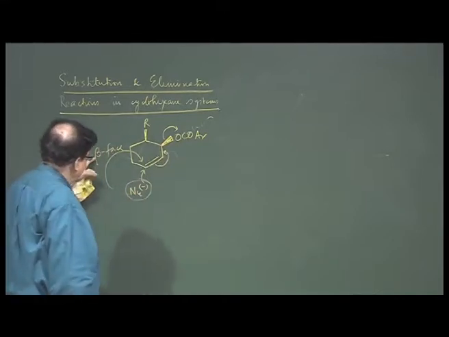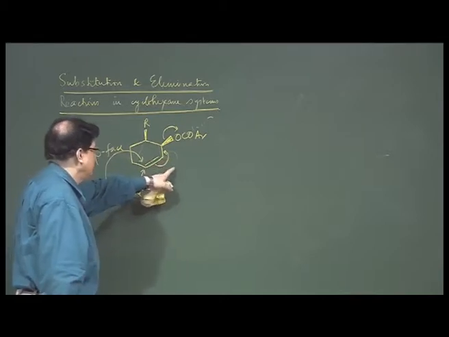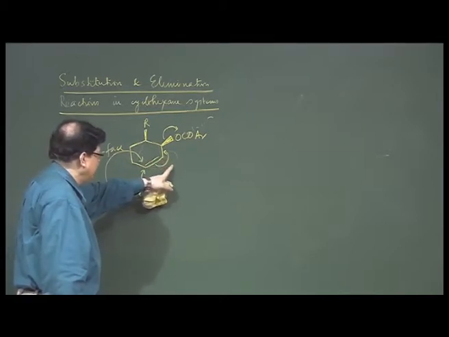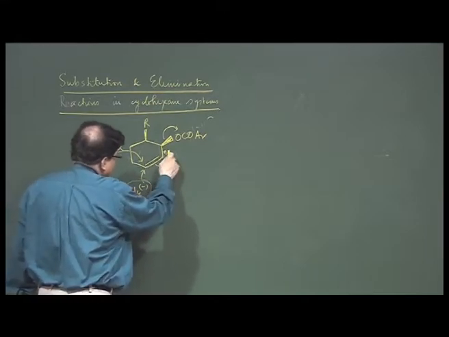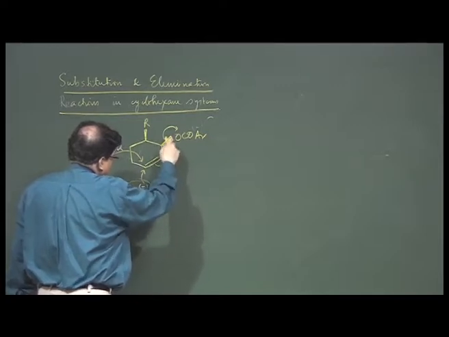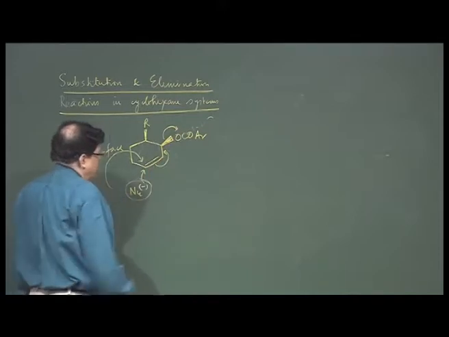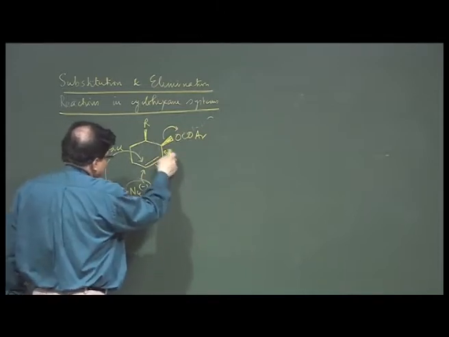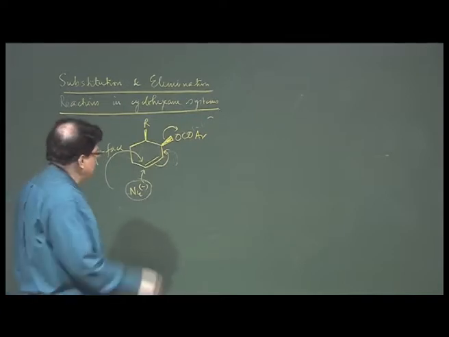Again I repeat, the nucleophile approaches from the beta face because the negative charge generated here will be on the alpha face, and the alpha face negative charge will have easier elimination of the benzoate.